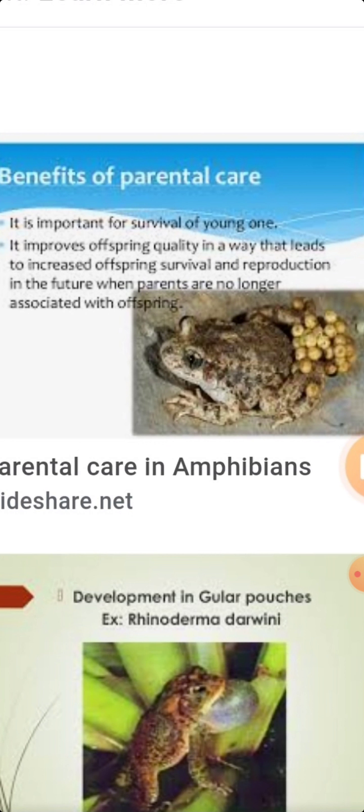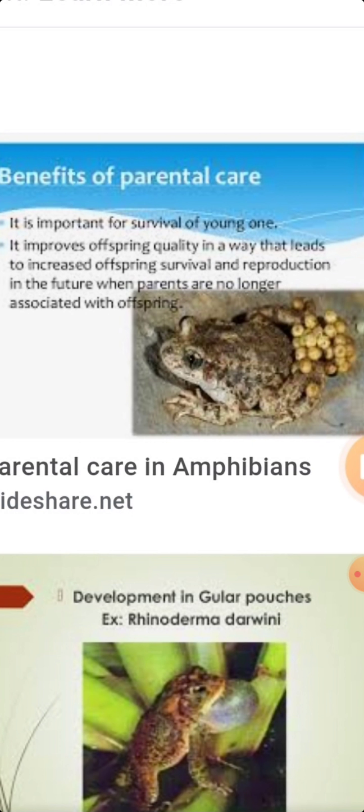The male then lubricates the cloacal region of the female, whereupon the female discharges the eggs. The eggs are then fertilized and attached to the hind legs of the male, who carries them here and there till they hatch.